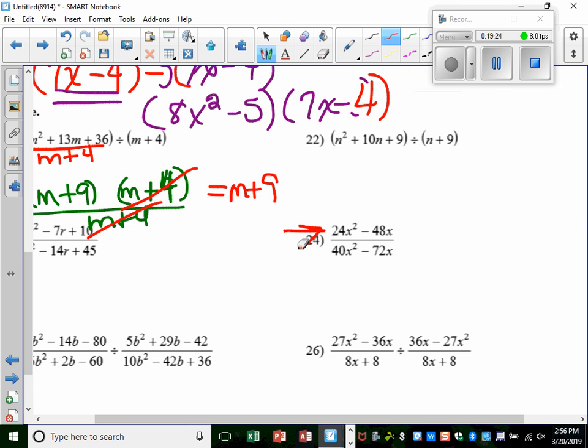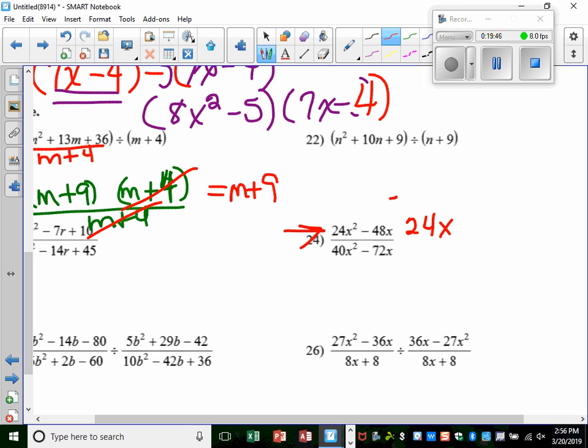So do you see anything that these 2 terms have in common? What's the largest number? You got to try to think of the largest that can go into 24 and 48. Is it 24? Yes? Okay, how about for the variables? Do I choose x or do I choose x squared? I choose x.